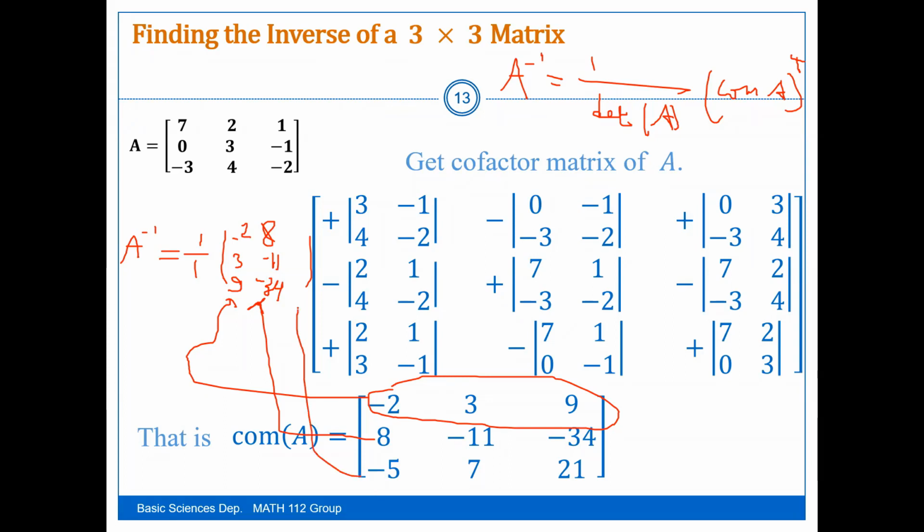The third row becomes the third column of the transpose: -5, 7, 20. And we are done.